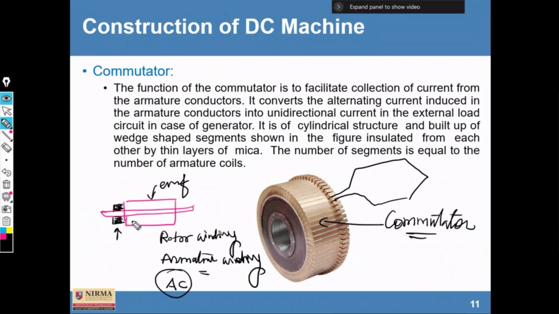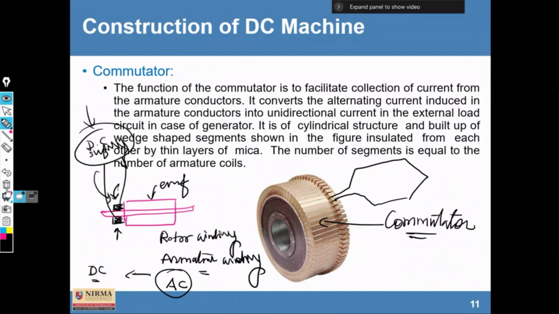Fine. So the function of this commutator is to convert the induced AC EMF into DC. So the commutator does the work of rectification here. And the supply is taken from this commutator as a DC output supply, or we can say DC output, because this is a generator.